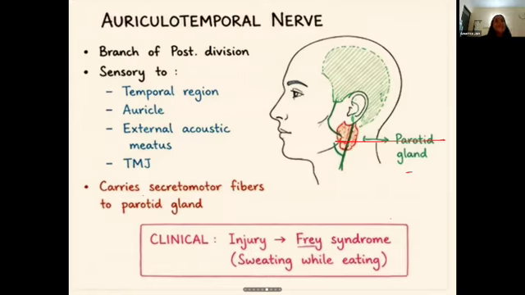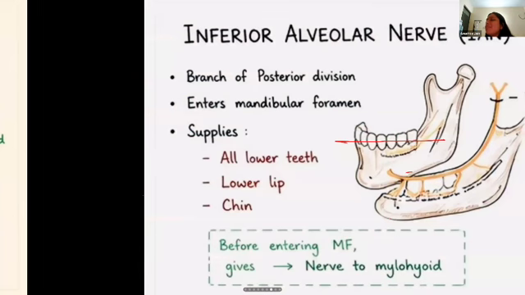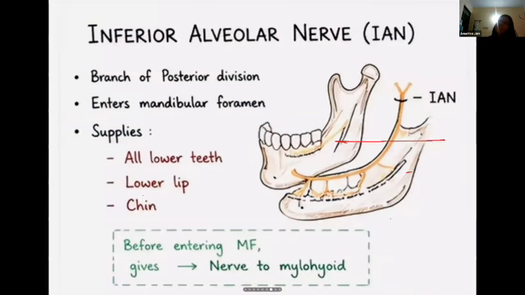Now let's move toward the inferior alveolar nerve. This is very easy. It is a branch of the posterior division. It enters the mandibular foramen and supplies all the lower teeth, lower lip, and your chin.